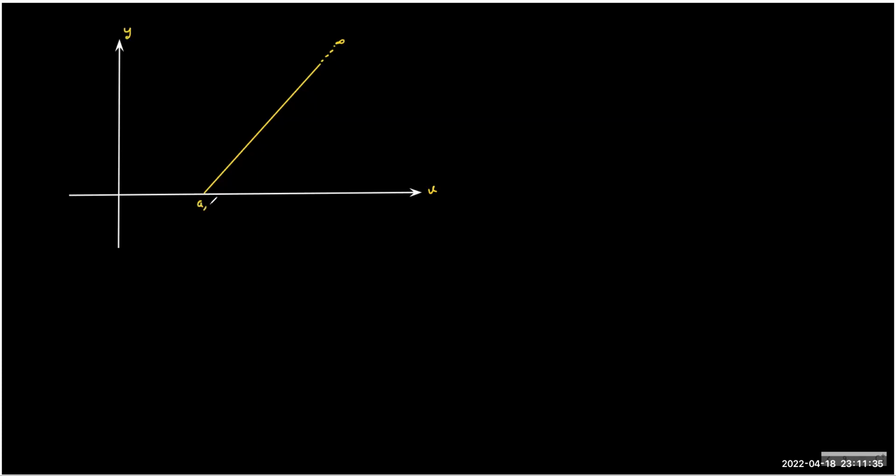Let's call it a comma 0, and it goes to infinity at an angle theta. Lambda is the linear charge density. We are supposed to find the net field at O. Only value I want. So what is the net field at O?